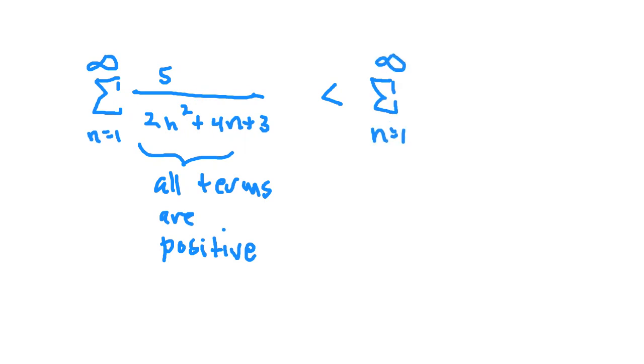But you know that the series we're interested in is less than the series 5 over 2n squared, because the series 5 over 2n squared, that series is just 5 halves times the series 1 over n squared.